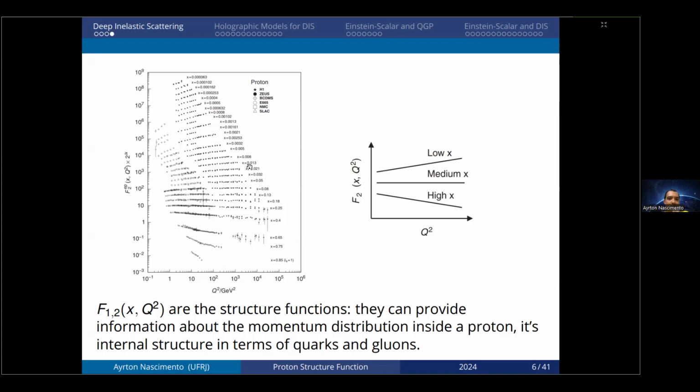The biggest one is 0.85 here, and you go all the way down to 0.000063 and so on. They are independent. For a specific value like 10 to the third, you can have all these points which describe different x values. You see? Okay.